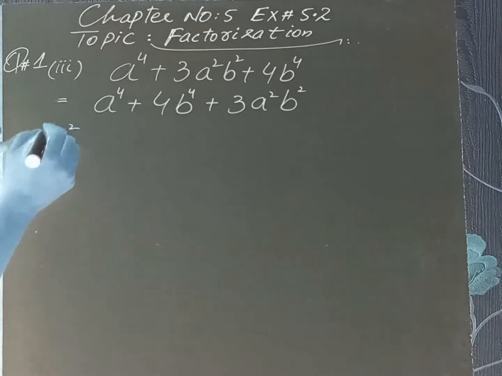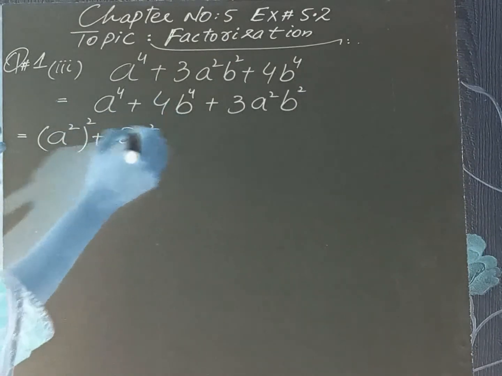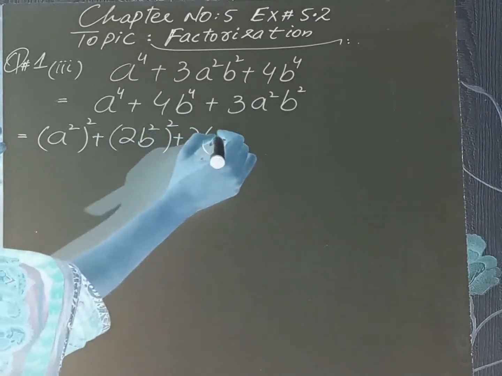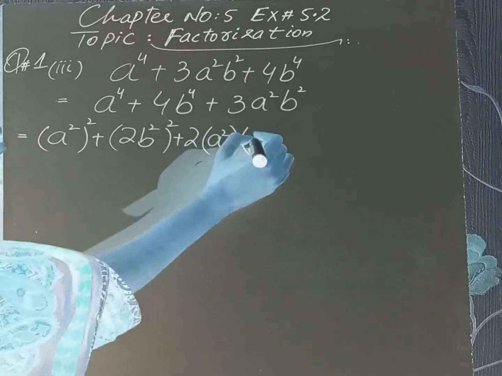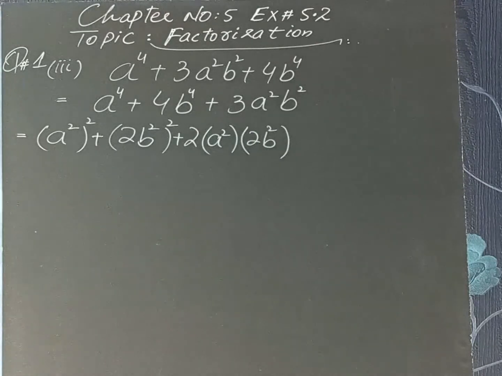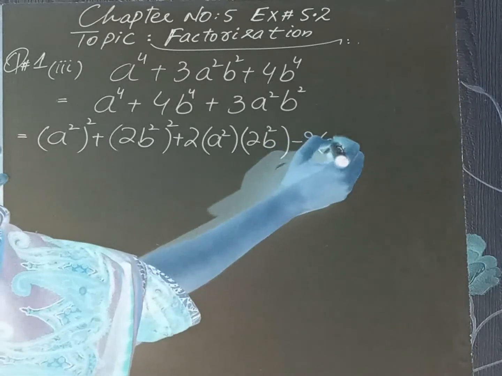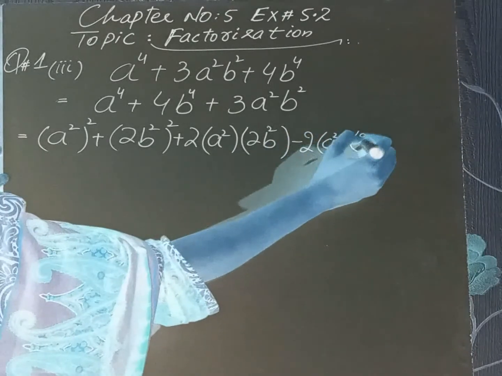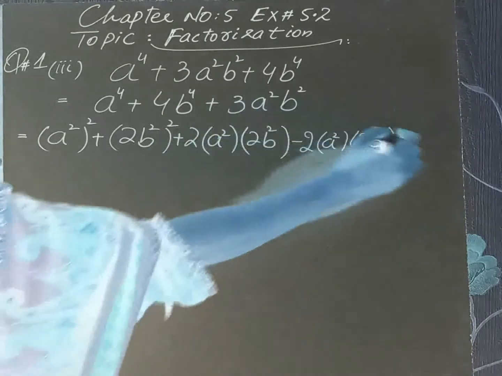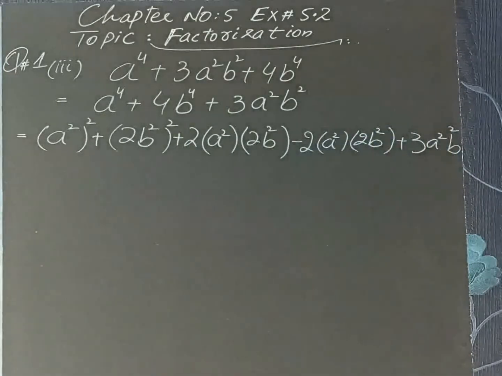because here are the two perfect squares with the sign of plus. So this is a square, 4b raised to power 4 is the square of 2b squares. According to the formula, we will write 2 into a, mean a square, into b, mean 2b square, plus 2ab. Then we will have to write over here minus 2a, mean a square, b, mean here 2b square, and then this term was left over here, that is plus 3a squares b squares.